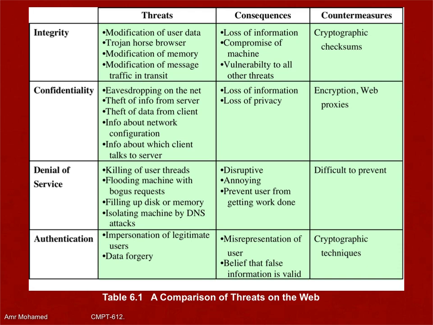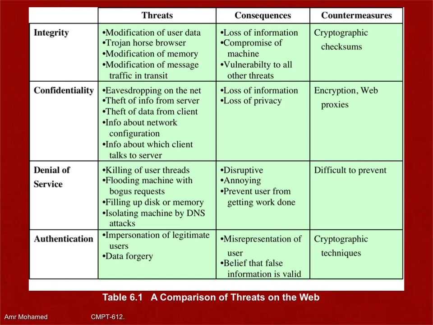So these are the types of threats, consequences, and countermeasures. We talked about that before. Integrity, for example, requires some kind of active attacks to manipulate the message: modification of the user data, Trojan horse browser, or modification of the memory. So you need to provide some integrity checks not only on the level of the data, but in some cases on the memory access level.